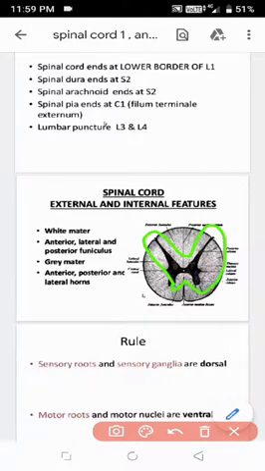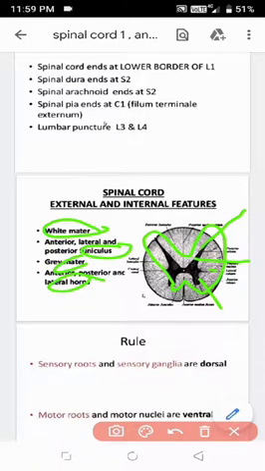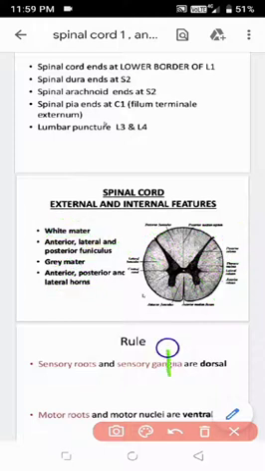Gray matter has anterior, posterior and lateral horns. Okay. That means white matter is called funiculus, and gray matter is called horns. Okay, that's all.